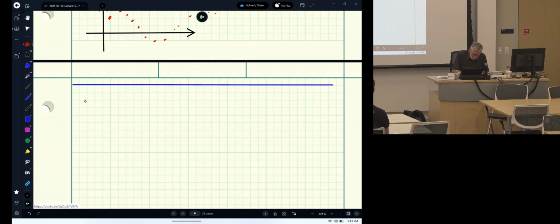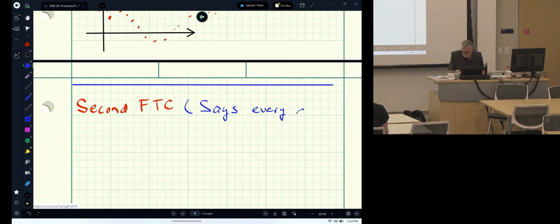Okay, so here's the second fundamental theorem of calculus. It says every definite integral can be evaluated through antiderivatives.